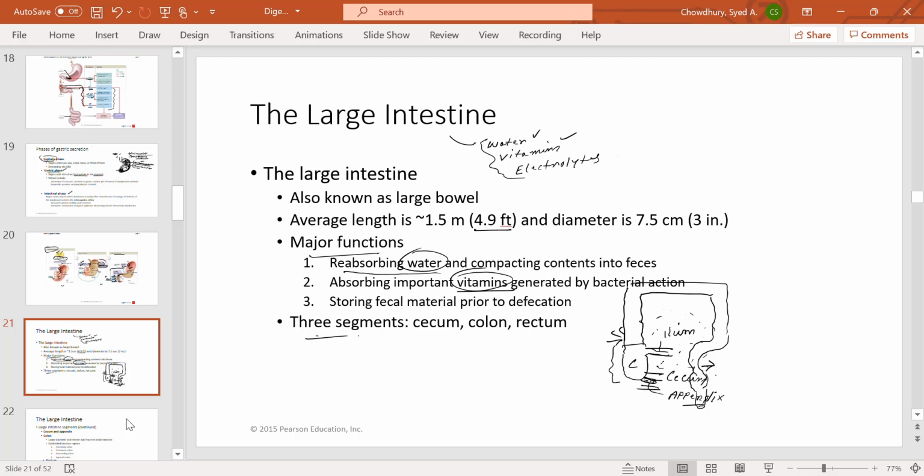So what are the parts of the colon? Ascending, going upwards, transverse this way, descending colon, and this is the sigmoid colon, right? So those are the parts of the colon. Then you have the rectum, then the anal canal and anus. But the anal canal and anus are not parts of the large intestine. The large intestine ends here at the rectum.